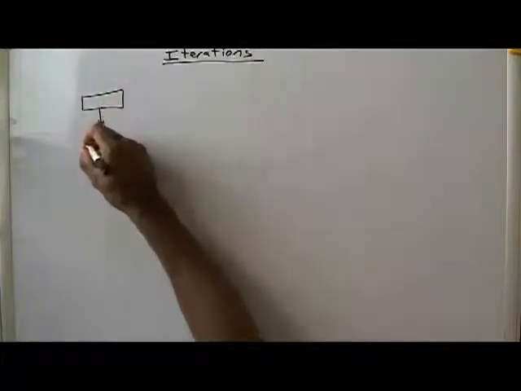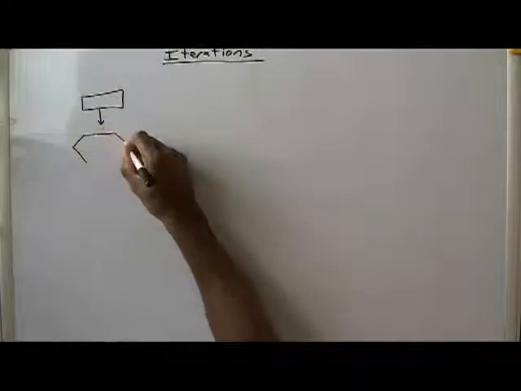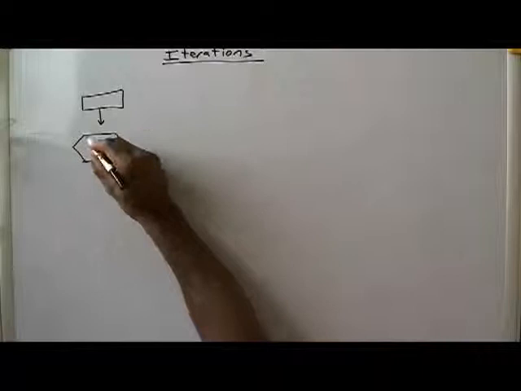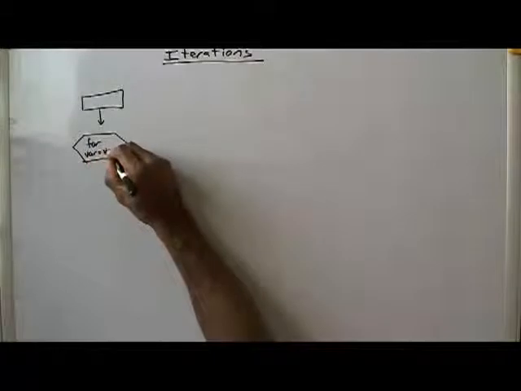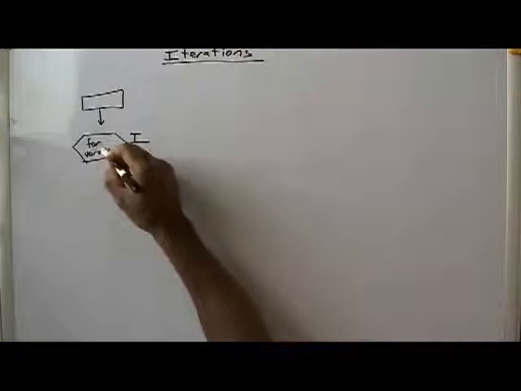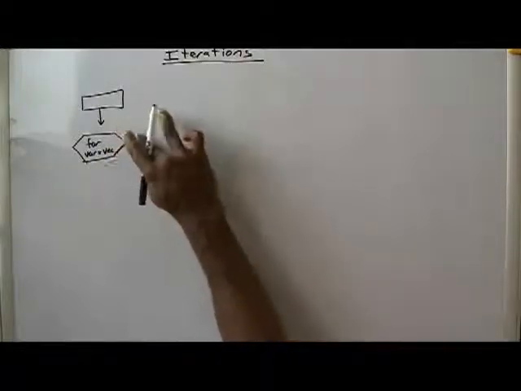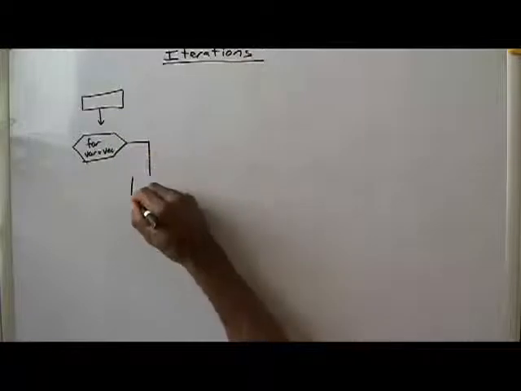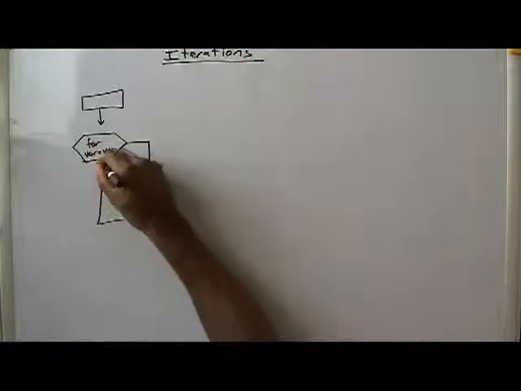As we covered before, you have some code block, and then you lead into the for loop, which we're using this shape for. And you have the for loop here, and then you have for some variable equals some vector. What happens is that variable traverses down that vector, and as long as that variable is in that vector, you execute the block of code that is inside that for loop.